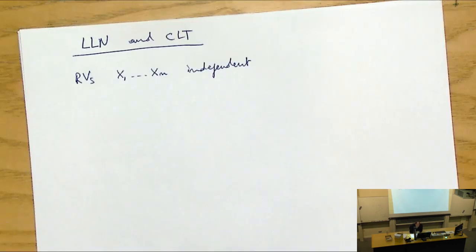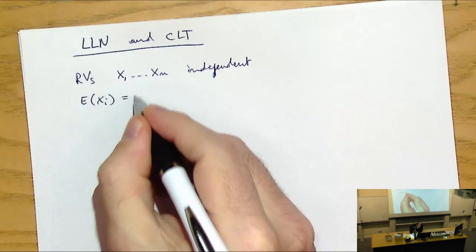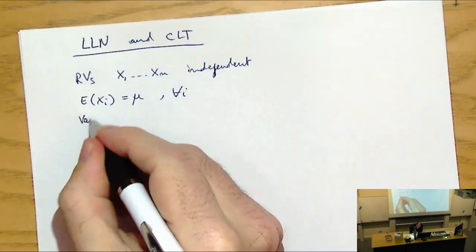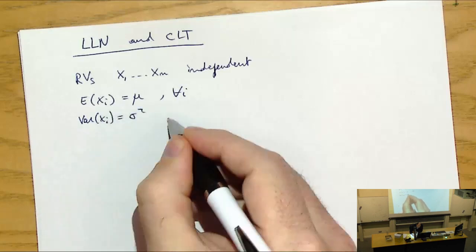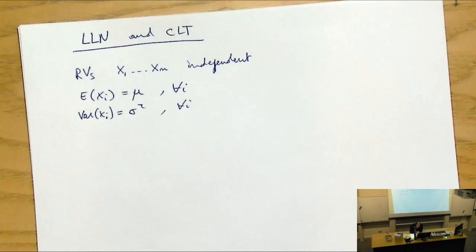As you can see, we like independent random variables, it makes our life much easier. They have a certain expectation that is the same for all of them, and they have a certain variance, sigma square, that is the same for all those n random variables.